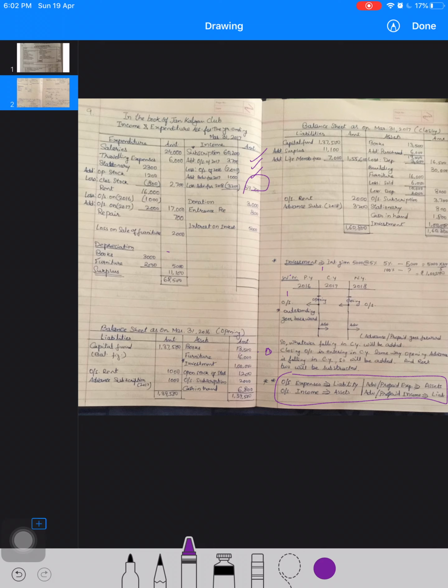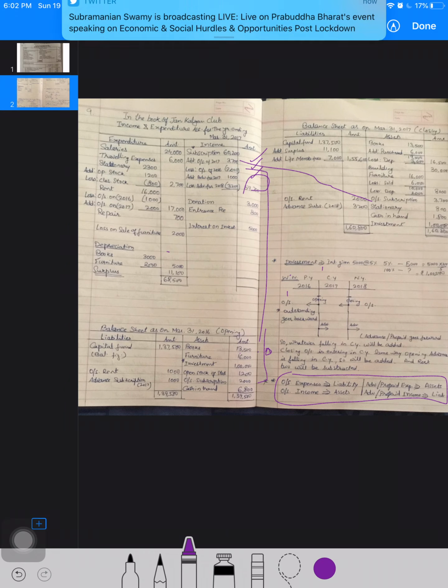Only this now, outstanding for this year 2017, will go in this year's balance sheet, outstanding subscription. Last year's outstanding subscription will go in last year's balance sheet, you can see here 2000.